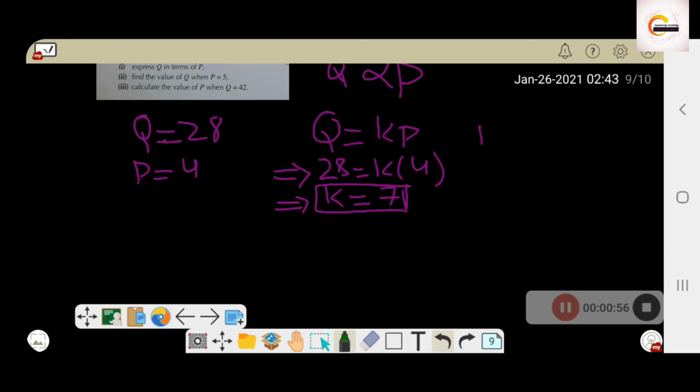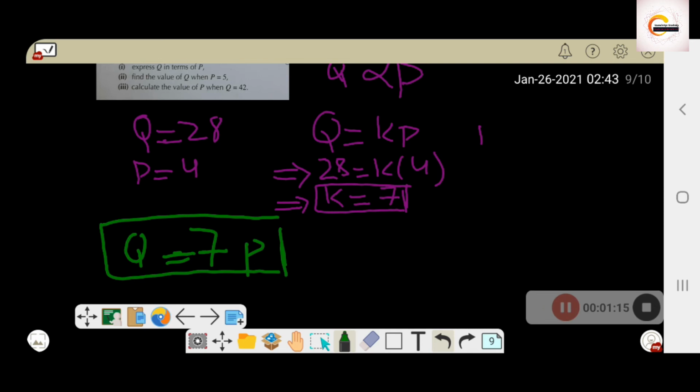Now, the equation connecting Q and P is going to be Q is equal to 7P, from this formula.